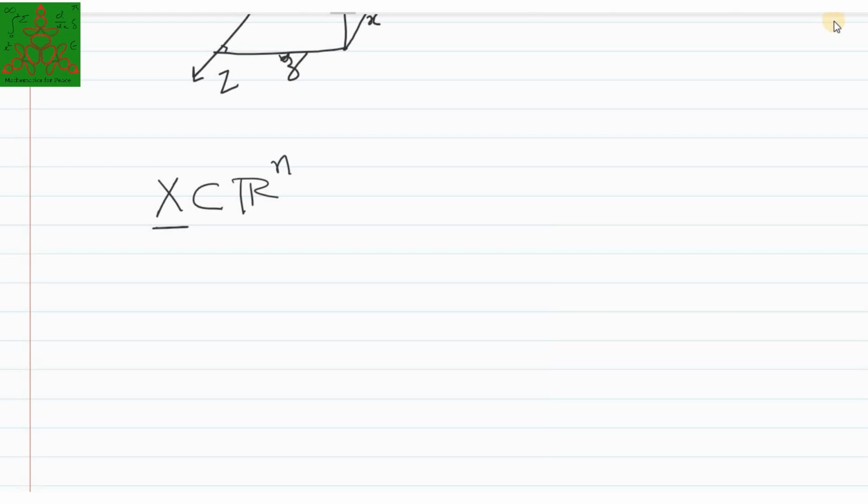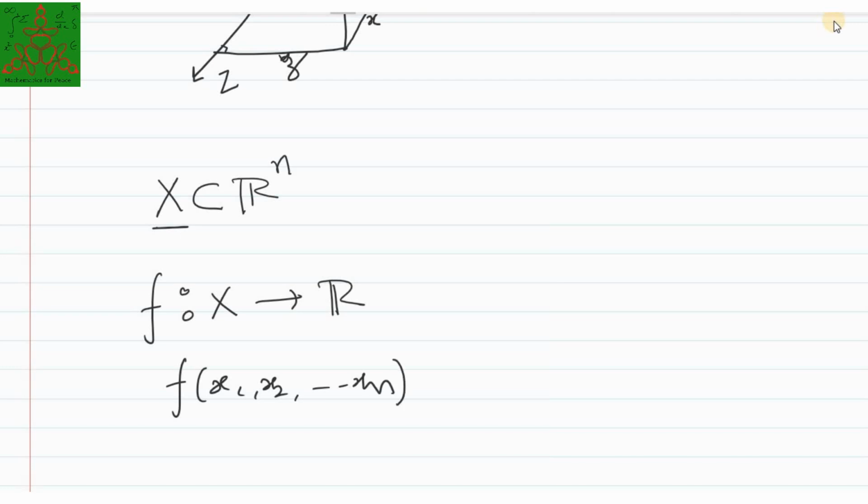So here X is an open set, or it contains an open set, and a function f from X to R gives f of (x1, x2, up to xn), which has some scalar value. This is known as a scalar field.